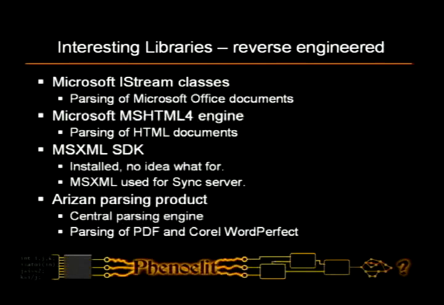And there's a parsing product from a company called Horizon that they bought quite a while ago that runs a central parsing engine and pretty much works like Internet Explorer. So it takes the file extension and then looks at the first 5 or 6 bytes of the file and tries to figure out if it's the same thing. And then it kicks off some subparser.